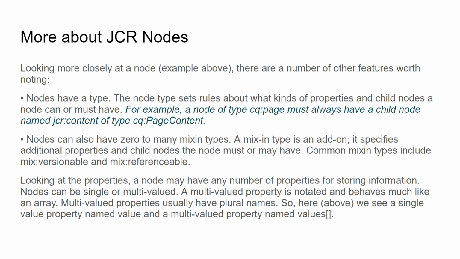Whenever you create a page, it will always create a JCR content node under that. That's because the page node will have only some basic values to denote it as a page node, but all the page properties will be inside the JCR content node.